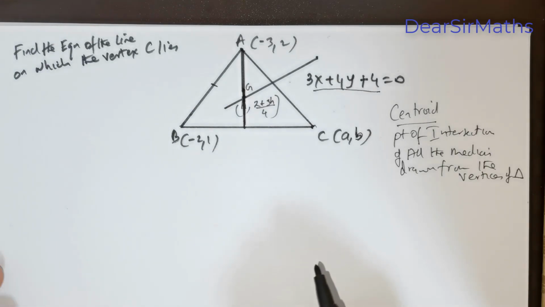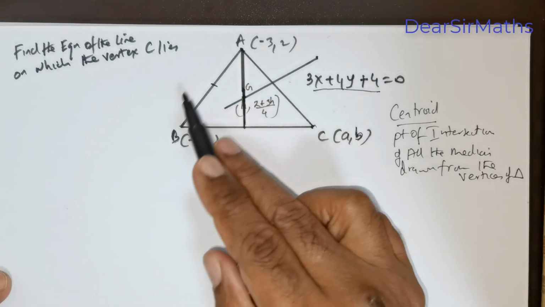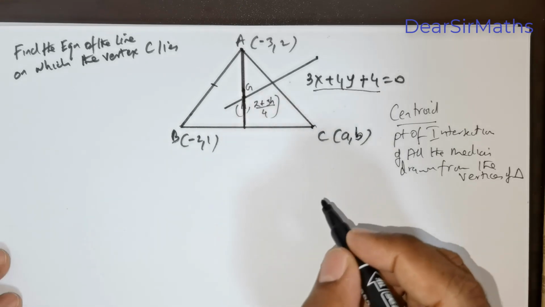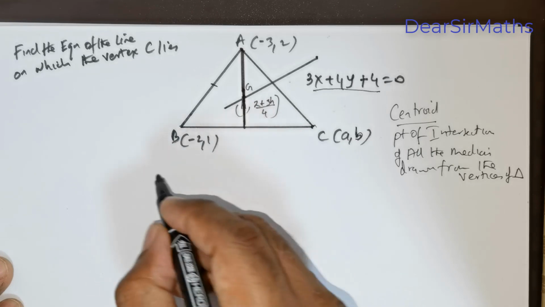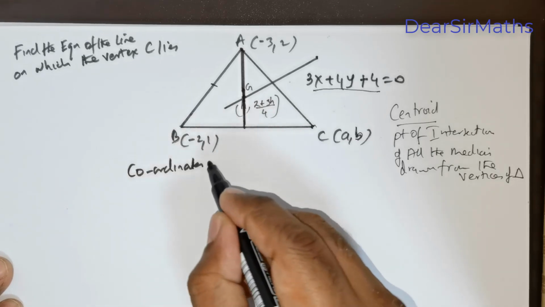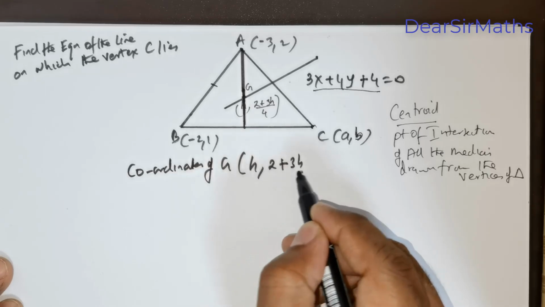Having mentioned that, it is imperative to know that all of these vertices are creating the centroid. So the coordinates of the centroid, let me write that down: coordinates of G are (h, 2 plus 3h divided by 4).